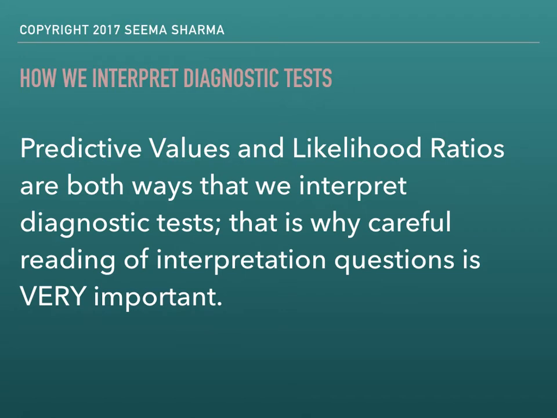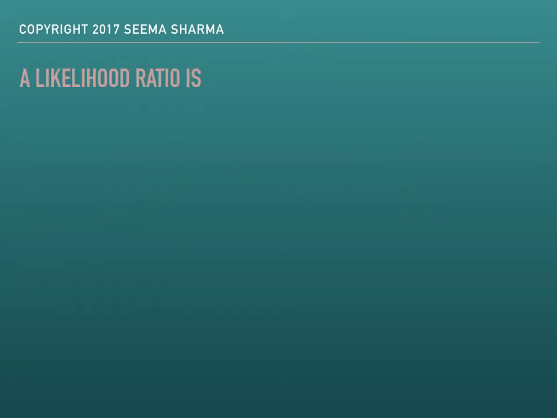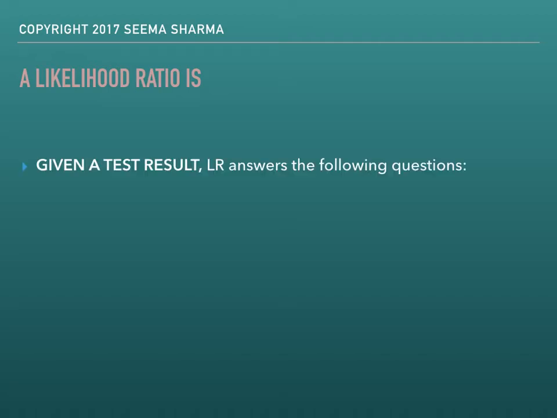So predictive values and likelihood ratios are both ways that we interpret diagnostic tests. That is why careful reading of diagnostic interpretation questions is very important. When we're given a certain test result, the likelihood ratio answers the following questions. 1.